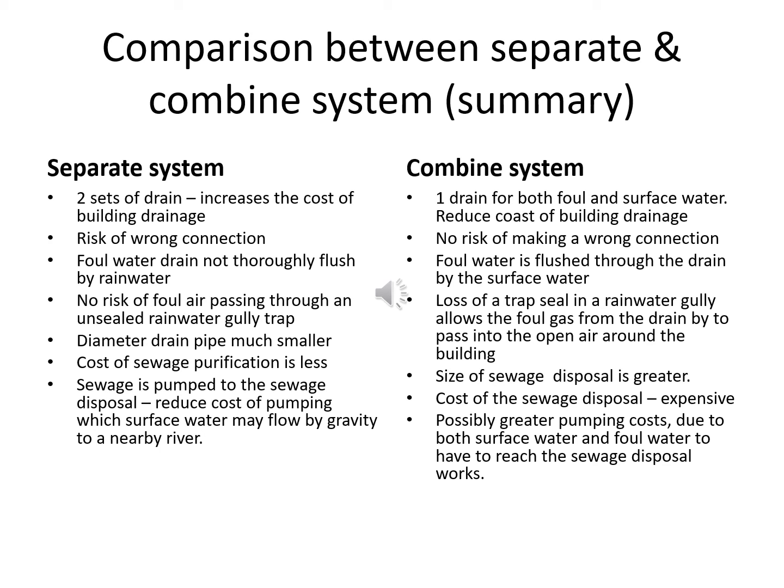Loss of a trap seal in a rainwater gully allows the foul gas from the drain to pass into the open air around the building. The size of sewage disposal is greater. That's why the cost of sewage disposal in the combined system will be more expensive.